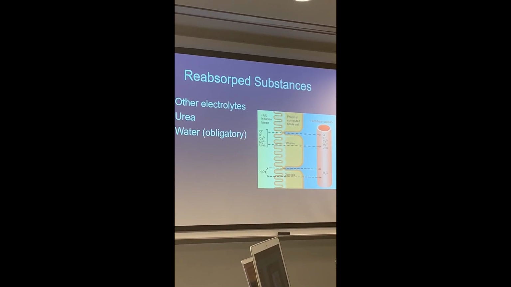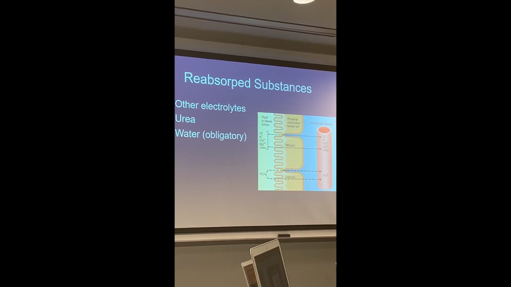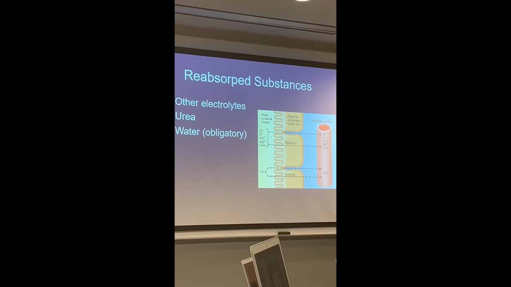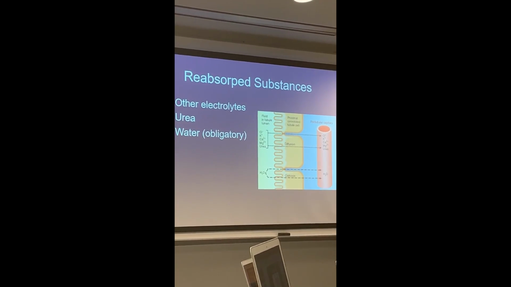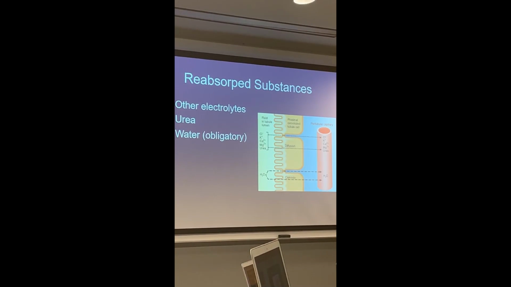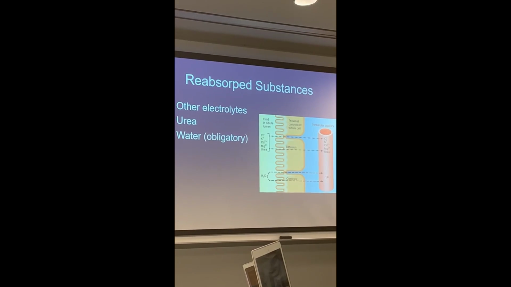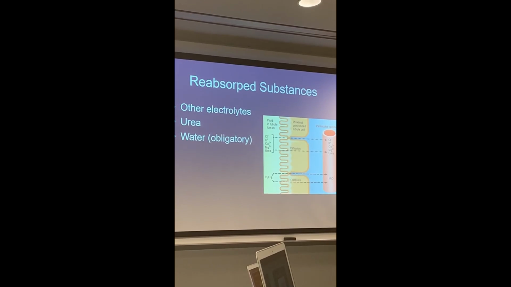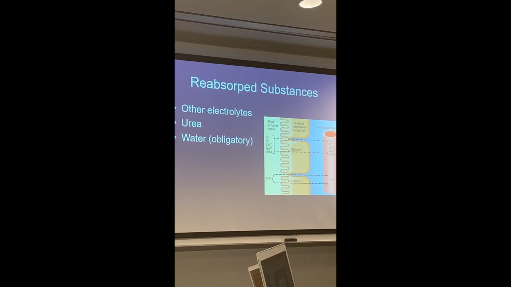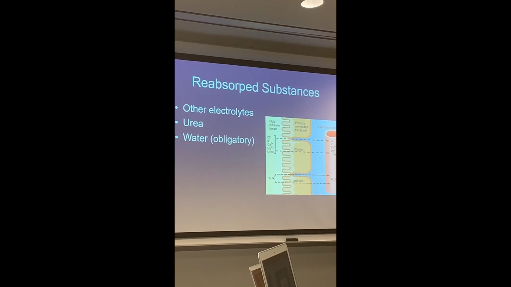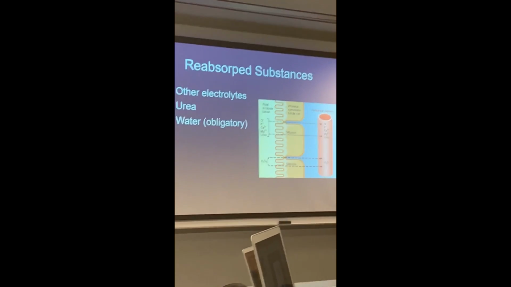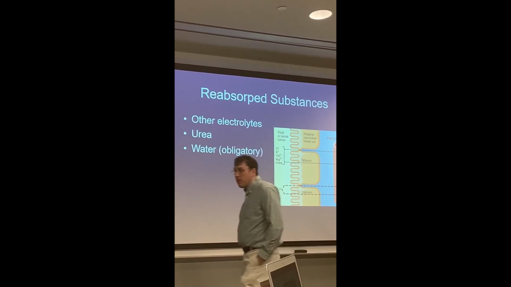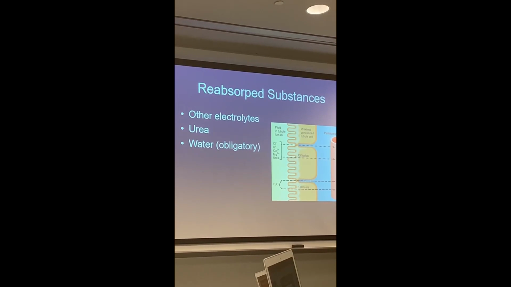They're constantly present. And so as we move all that solute, all that sodium, all that glucose, vitamins, sulfates, amino acids, all these other ions, urea, as we move all that solute, the water follows by osmosis. Okay? So again, we don't have any active mechanism for pumping water molecularly. We have to move solute to move the water. Water follows solute. So this is known as obligatory water transport in the proximal tube because it always happens.